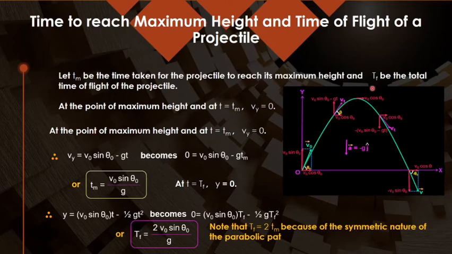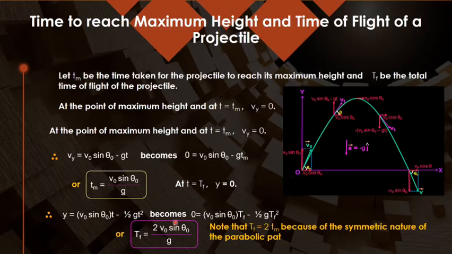Or you can directly prove it by using the second equation of motion, that is S equals ut plus half at square, and here for the y component you will write y equals uyt plus half ayt square, and the value of ay we have already discussed, that is minus g, and the initial velocity along the y direction is v naught sine theta naught.